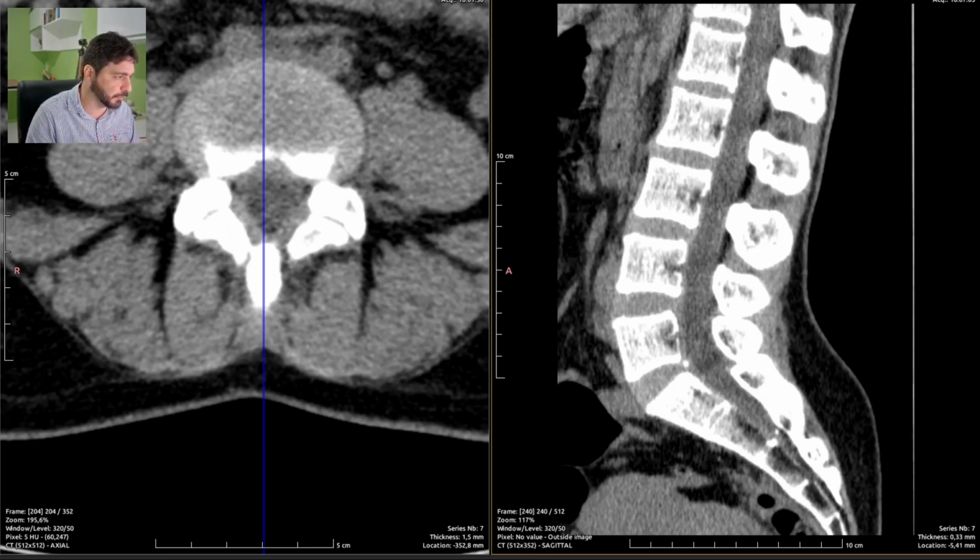This is the most important part of this report. I'm going to be sure to summarize that at the end of the report to make it easier for the referring physician to get what he wanted when he ordered this exam. Hypertrophy of the perivertebral muscles.